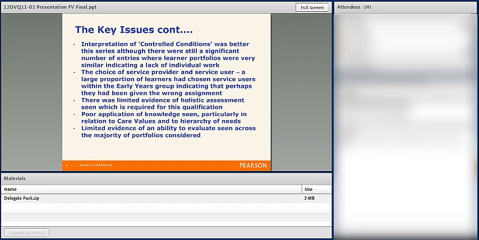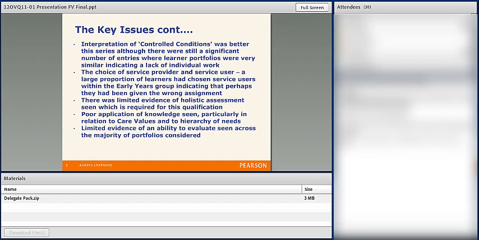Now, a template does not allow a student to evidence independent work because obviously they are being led through what sort of evidence they need to provide. And although the template is allowed, what it means is that you have to adjust your marking accordingly to say that students have not worked independently. I'll come back to that in a little while.